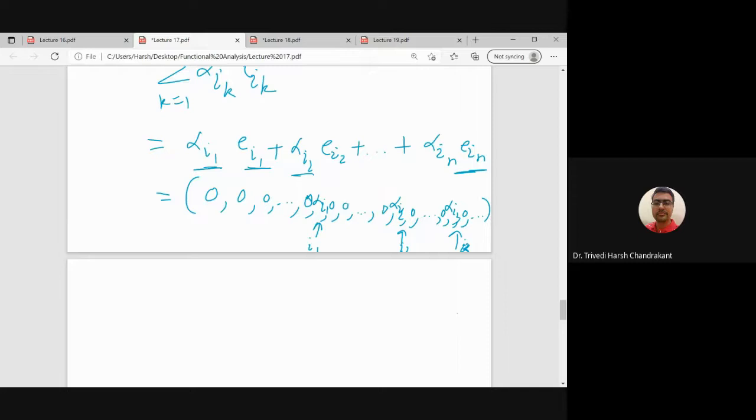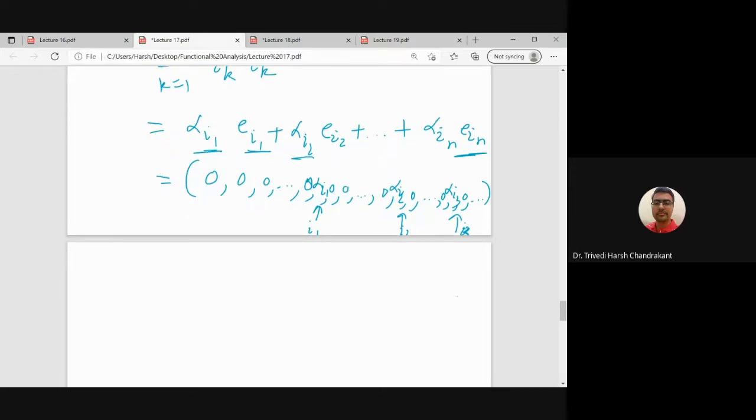So there are n such non-zero elements in this sequence. So what is this sequence? This sequence is basically the sequence in which all elements are zero except finitely many entries, right?